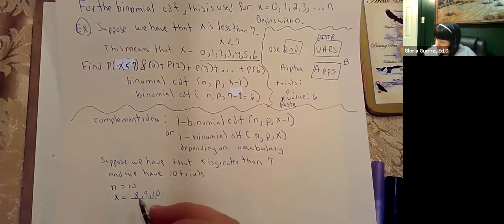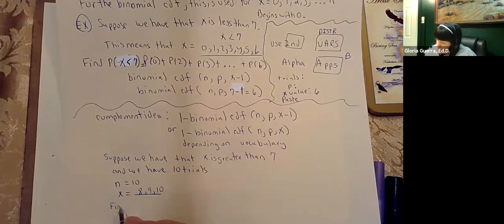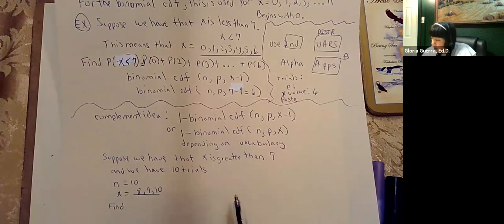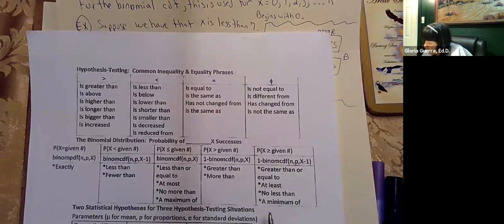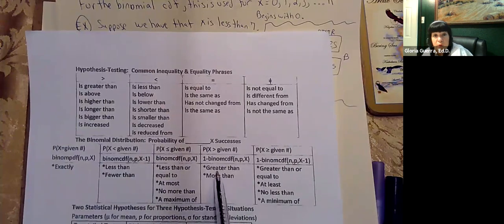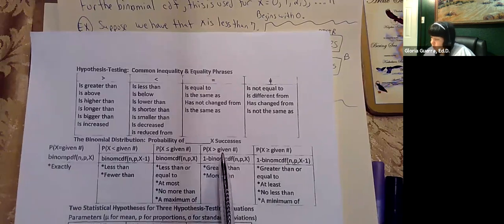Okay, so that means that we want to find, and if I look at the vocabulary, greater than 7, right here, see, greater than. So probably x is greater than 7.